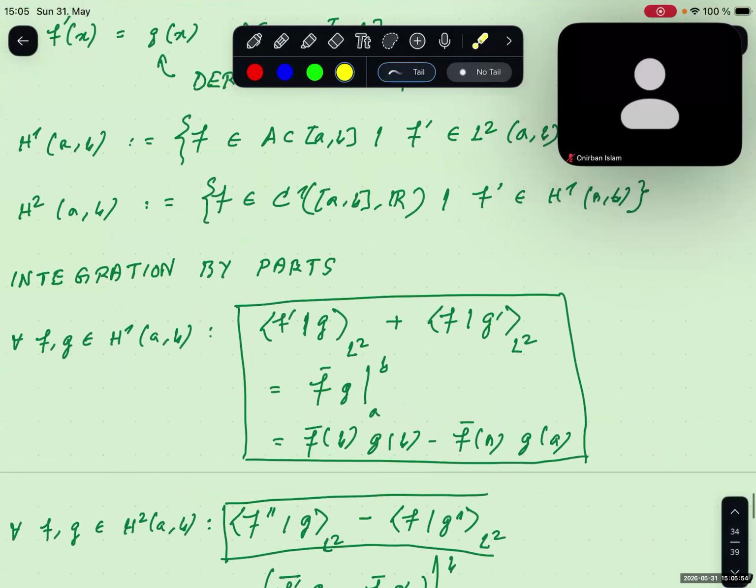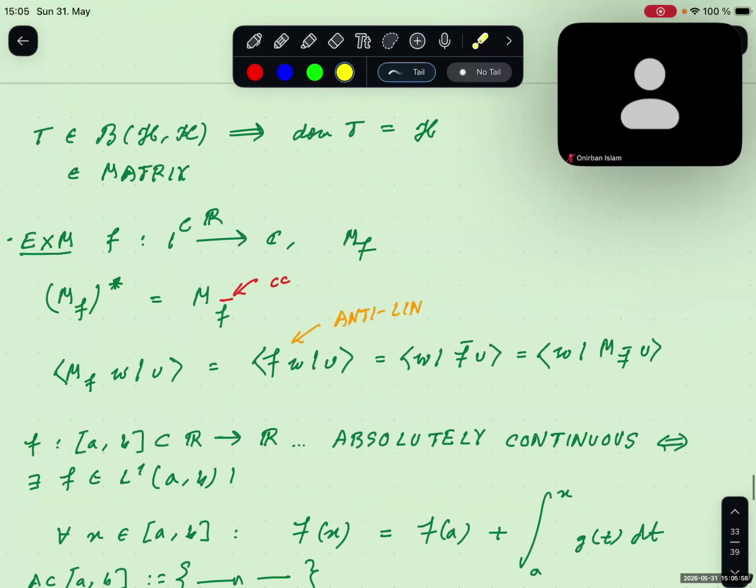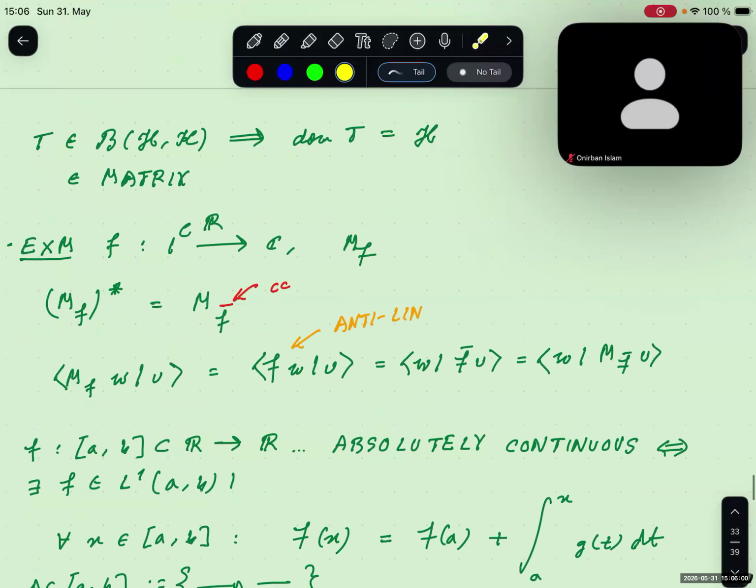So we were talking about the first and second derivative, and our goal is to compute its adjoint operator. In particular, we want to check whether the first derivative and second derivative are self-adjoint or not, and when they are self-adjoint, when not.